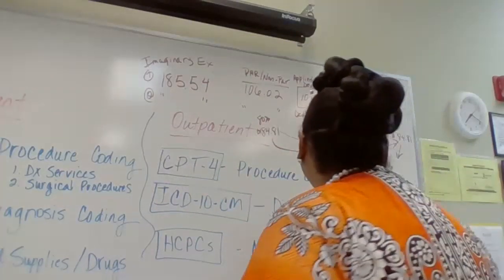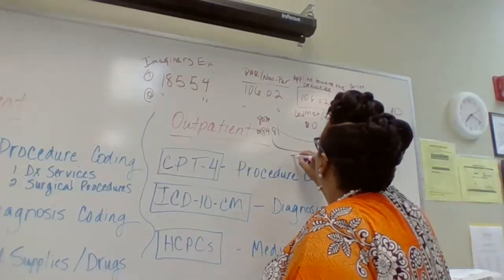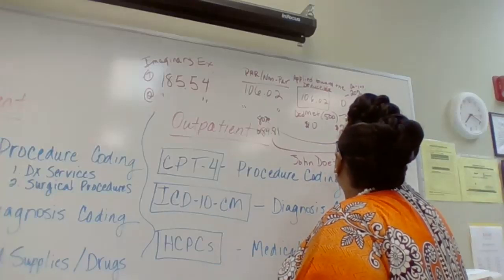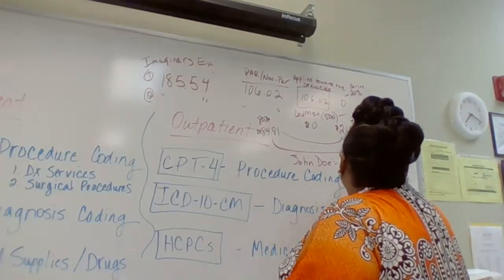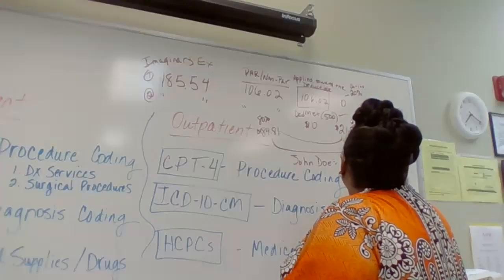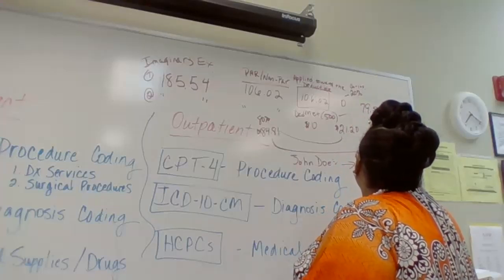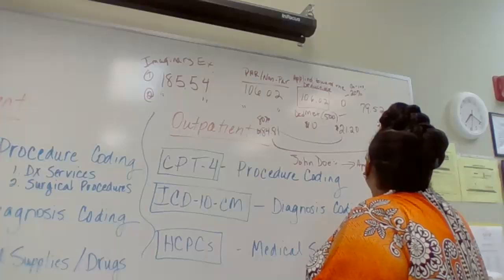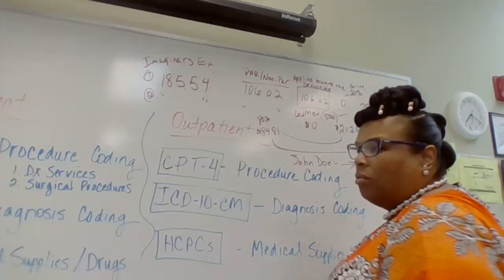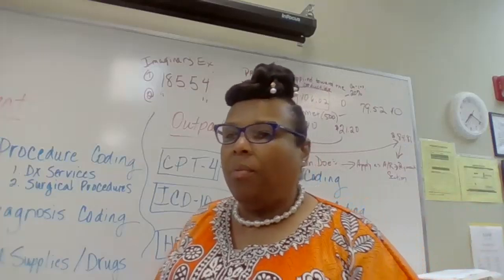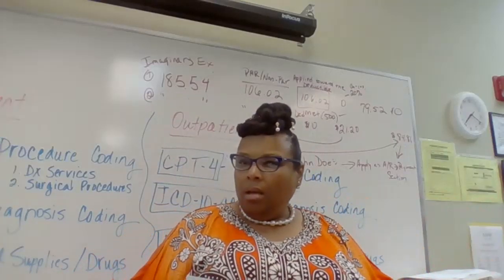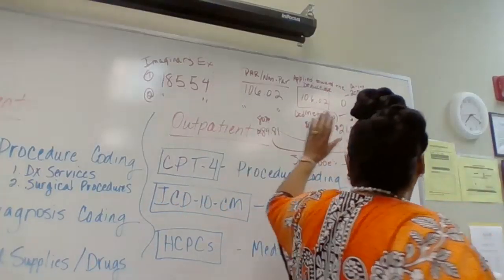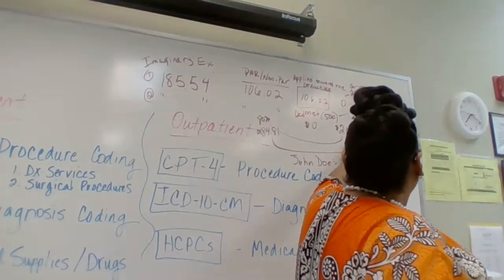So you're going to go on John Doe's patient account number, and you're going to apply it as accounts receivable in the payment section. In the payment section of his electronic medical records, of the medical bill software. Does everybody understand that?